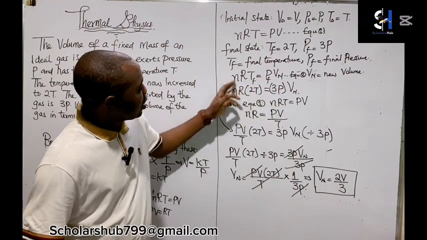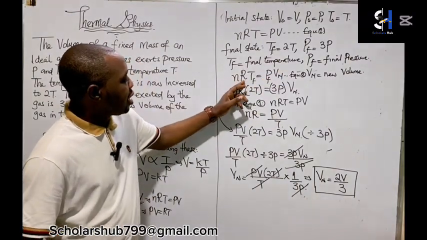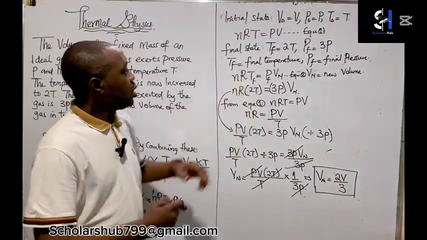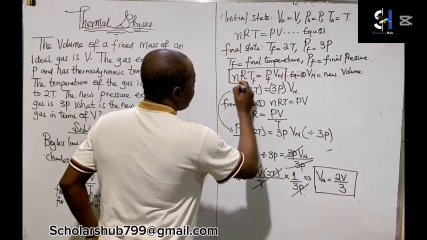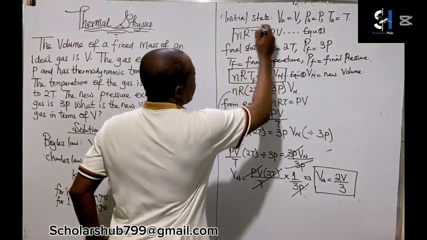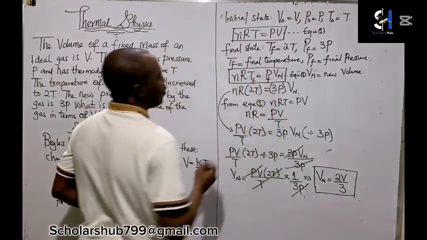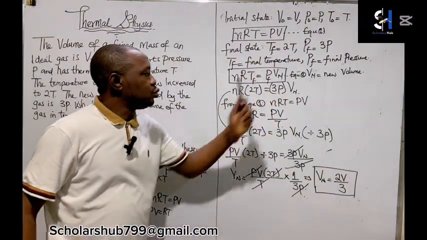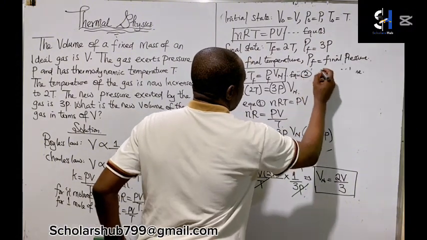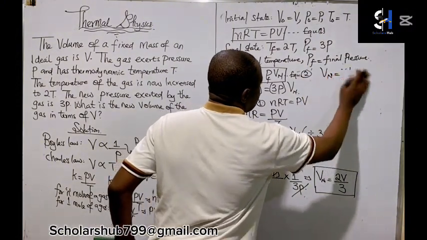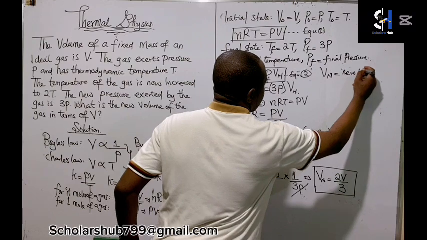So we have the equation here as nRTF equals PVn. This is our equation 2, and Vn represents the new volume.